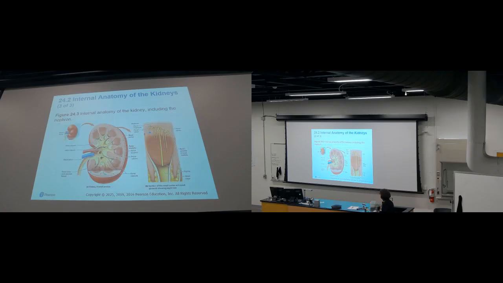And 2 to 3 major calyces form the renal pelvis, which looks like a funnel. This renal pelvis is closely located to the renal hilum, and then the pelvis extends this muscular tube, the ureter, to bring the urine into the urinary bladder. So here is the internal anatomy of the kidney and the parts of the nephron.